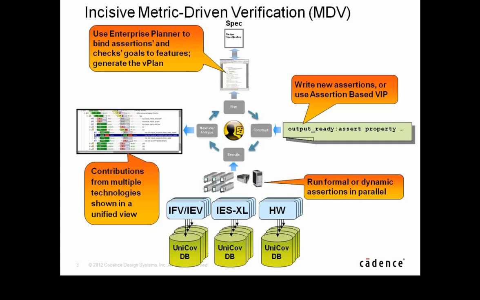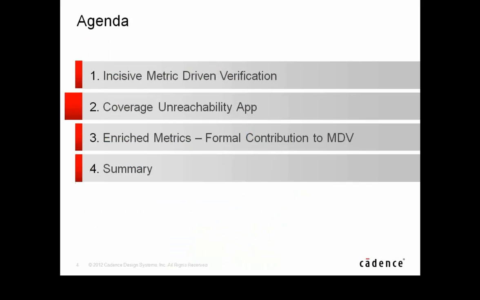For a metric-driven verification environment, there are two main components. One is the code coverage component, and then you have the functional coverage that you want to track.